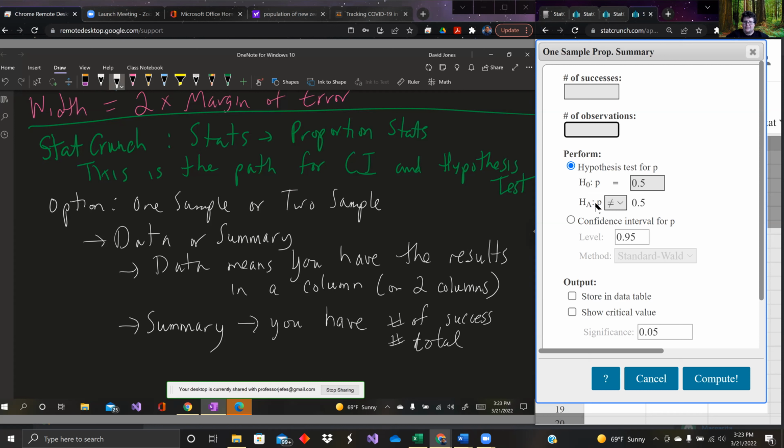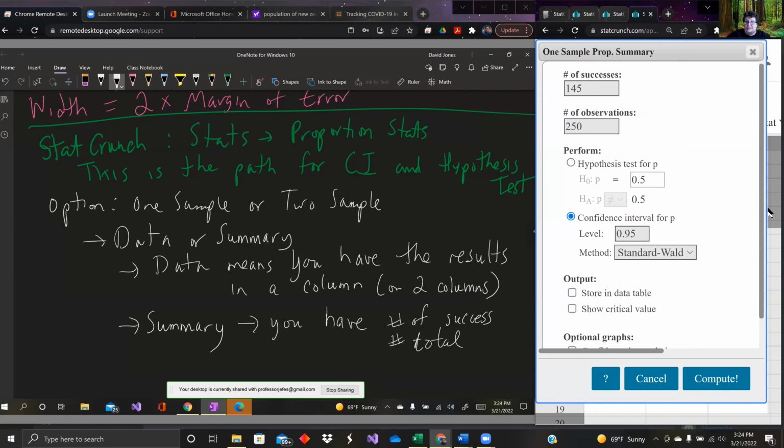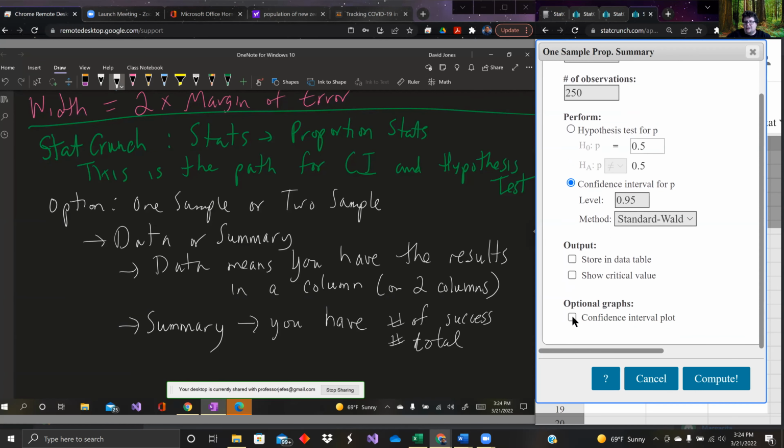It doesn't default to saying confidence interval, it defaults to the hypothesis test. We come down here and do the confidence interval there. Let's generate the one for our Snapchat example that we talked about and see if our hand calculations match up with what StatCrunch gives us. Maybe let's look at a confidence interval plot and see what it shows us for that.